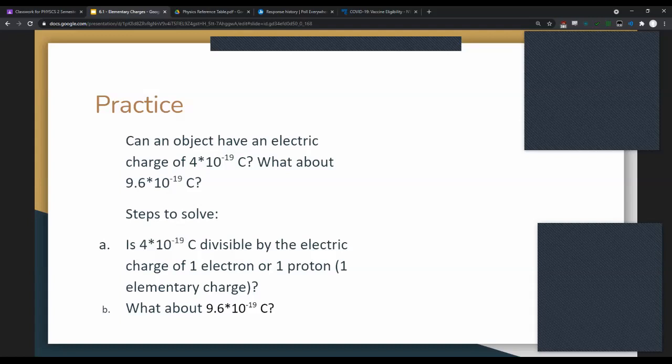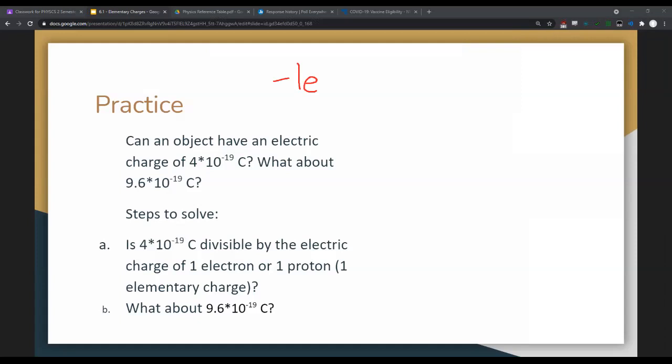There's nothing that makes up an electron. An electron is an electron. It essentially makes up other stuff, but there's nothing that makes up an electron. So you cannot have a partial amount of an electron. If you think about it, let's say you have one electron. You have -1 elementary charge, which means you have an electron.